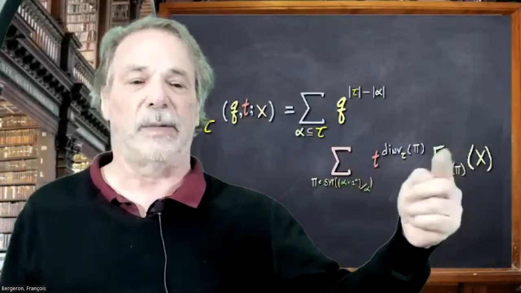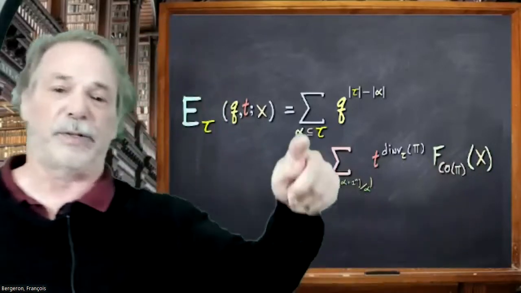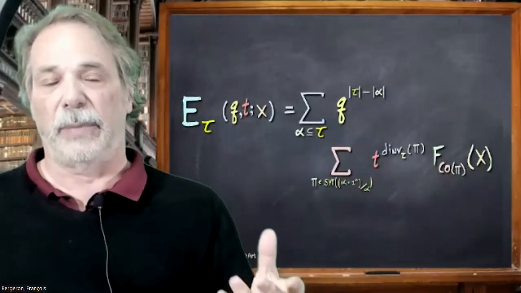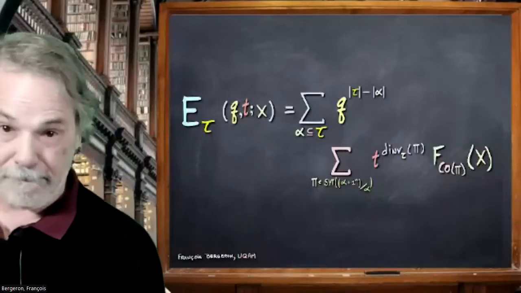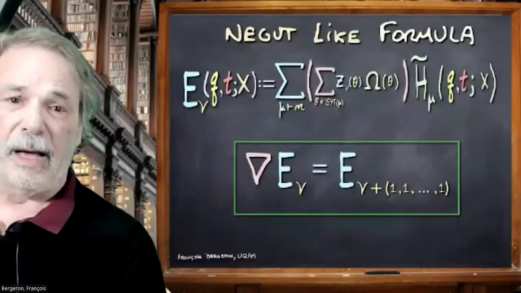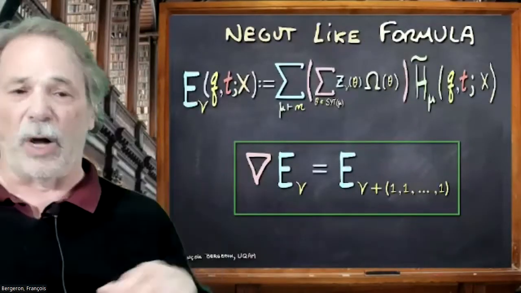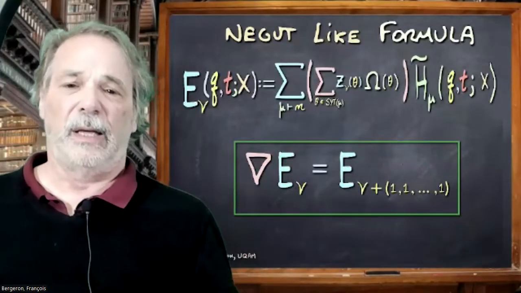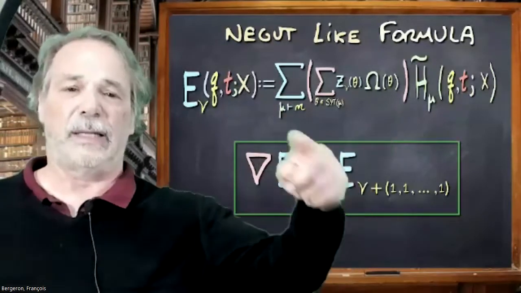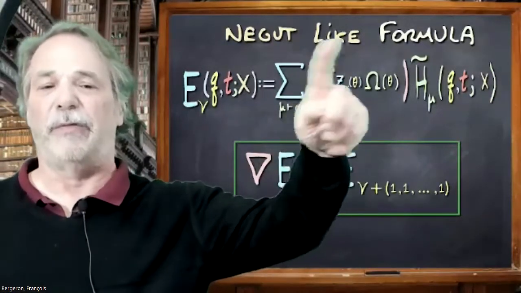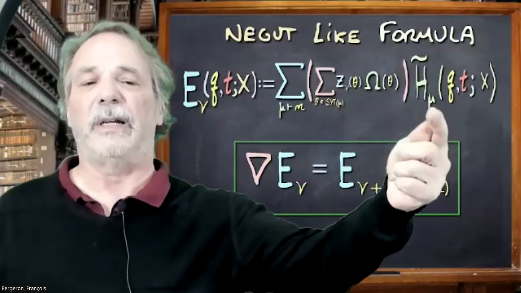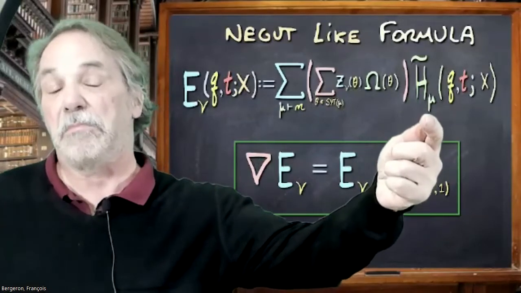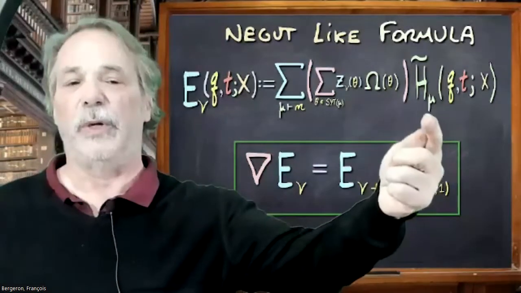And there's a quasi-symmetric function here. There's a result that says that all of this is going to be a Schur positive expression in Qt. Now, if you don't know about dinv and all that, and you want to calculate this another way, you can use a Negut-like formula that is just the same formula that we had before, but rather than putting here the product of the z something, you put the Macdonald polynomial H_mu.